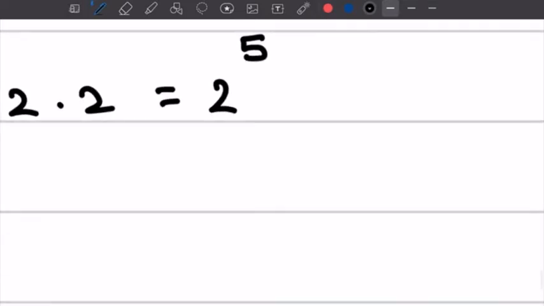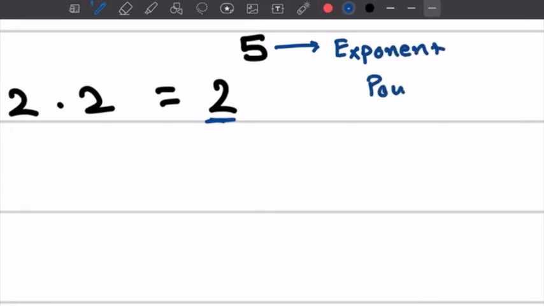What this means is that this number right here is the base. This is the number that is being multiplied 5 times. And this right here is called the exponent or power or index, whatever you want to call it. Usually exponent and power.